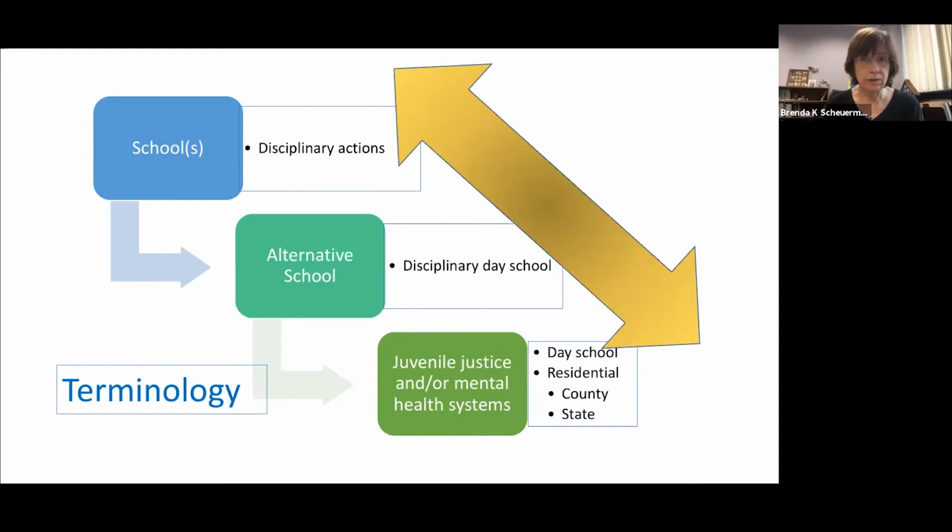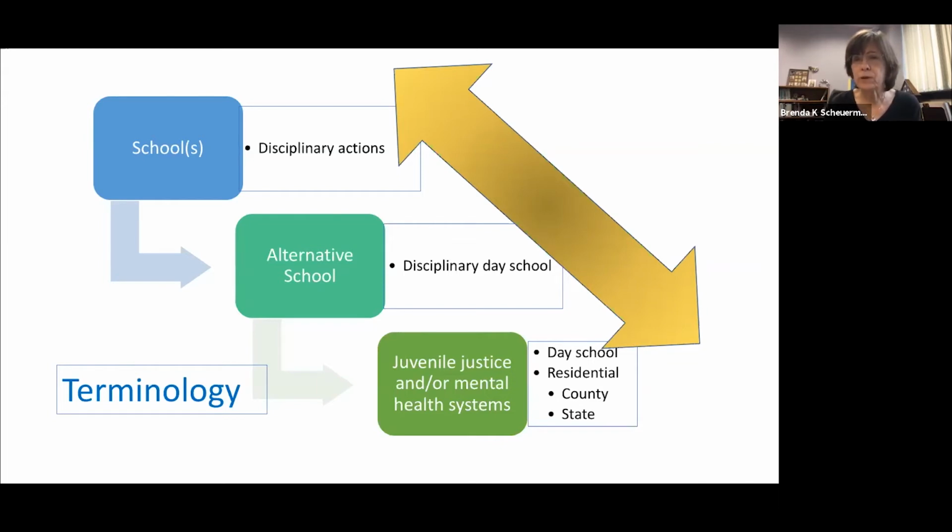Sometimes the nature of the behavior in school or out of school results in children being placed in and served by a juvenile justice program or a program that is in the mental health system. Those may be day schools, those may be residential schools, they may be at the county level where they serve students from a particular county, or they may be state level where they serve children from all over the state.